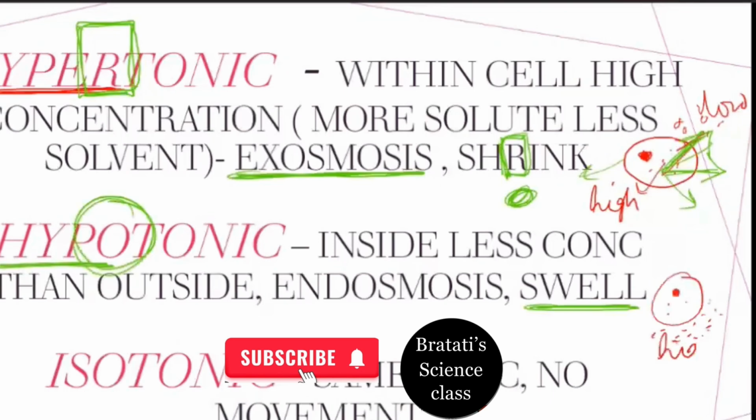So it is high outside and low inside. So the solvent will go from high to low, from outside, a lot of water will go inside to make it swell, and this is called endosmosis. So clear how to remember? Hypertonic R, shrink. Hypotonic, a big O, that means the cell will swell, right?